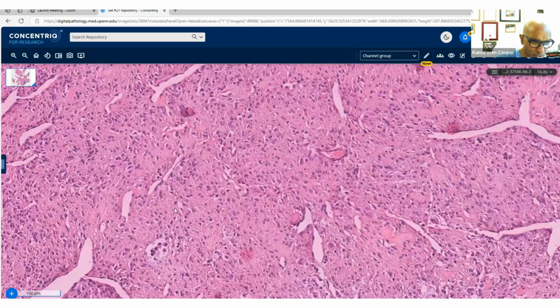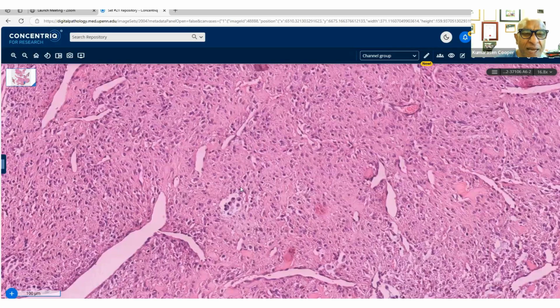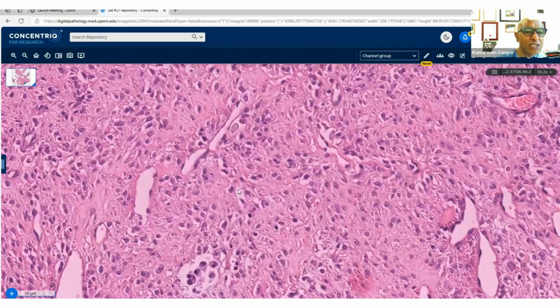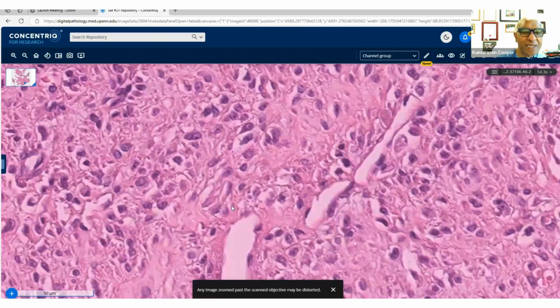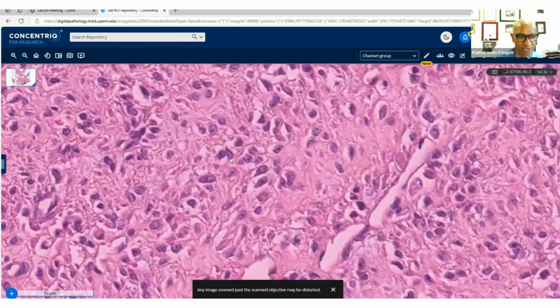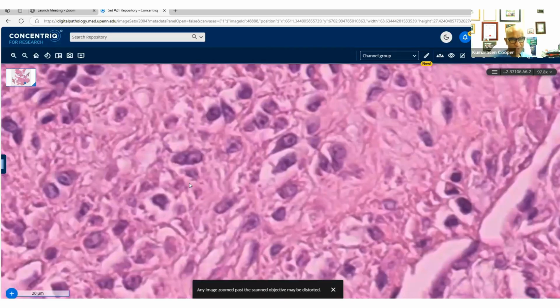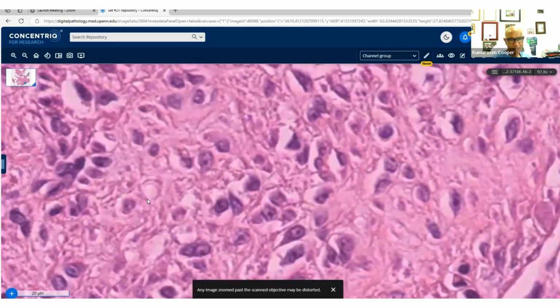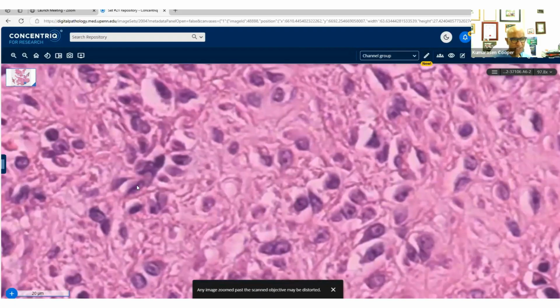You can see the rich vascularity and the cells, little ovoid, spindled. If I show them to you on higher power, you can see some of them have little nucleoli with some tapered cytoplasm. Most of them look ovoid in this field. Some of them are spindled.